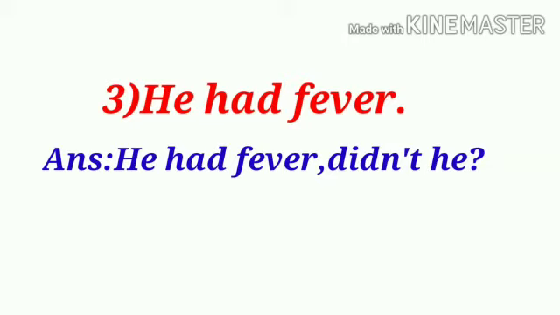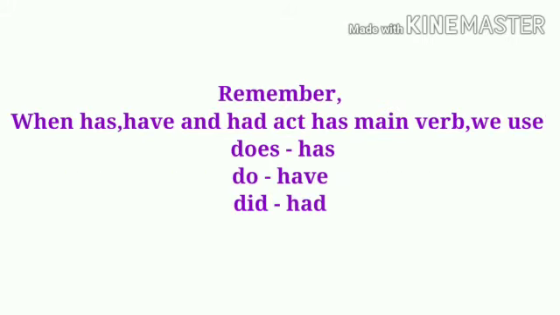Because here had is the main verb as there is no other auxiliary verb. So we are going to use did. Children, remember when has, have, had act as main verb, we are going to use does for has, do for have, did for had.